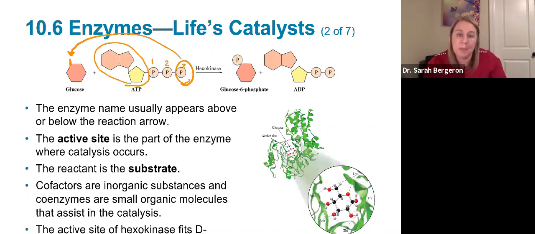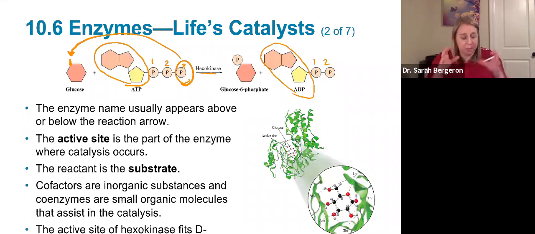So that's what ATP means. Well, when that third phosphate gets transferred to the glucose, now you have adenosine, but you only have 2 phosphates. So they call it ADP, adenosine diphosphate. And so whenever we look at a reaction like this, usually the enzyme name is going to be above the reaction arrow. So that's why we see hexokinase there.